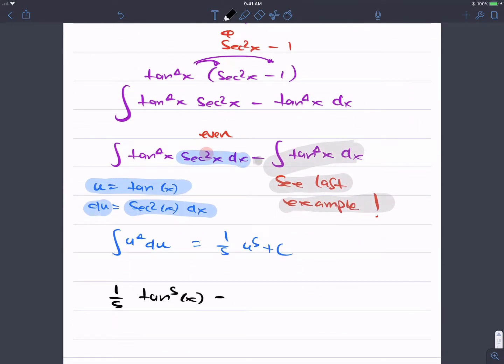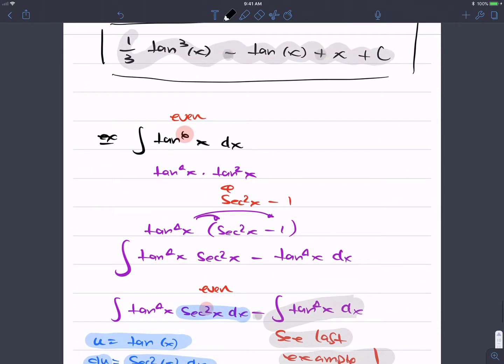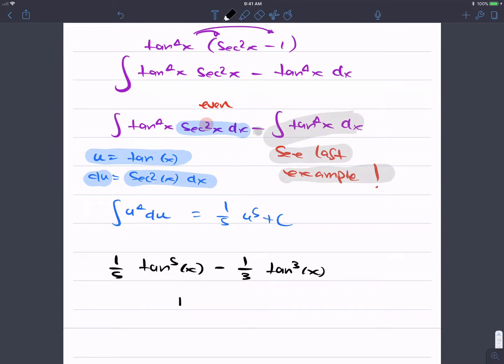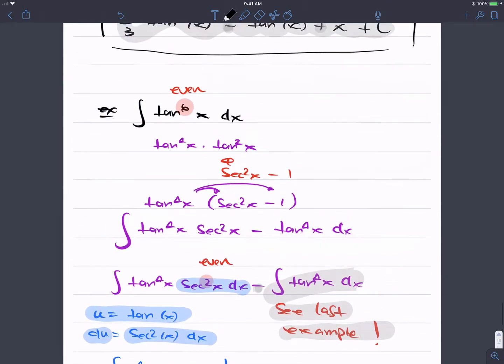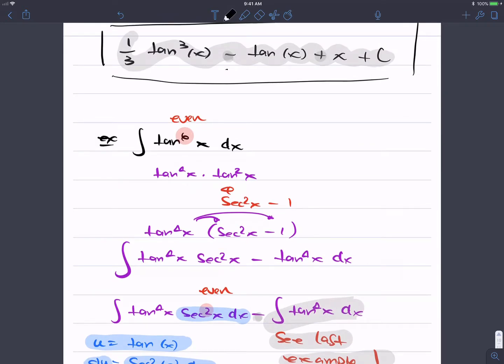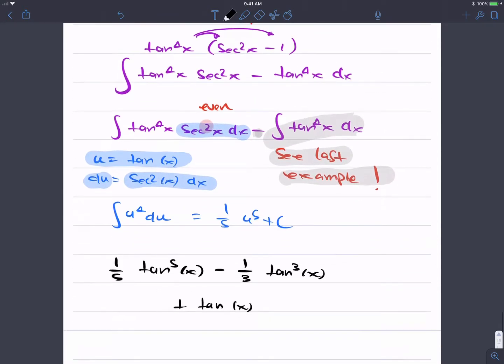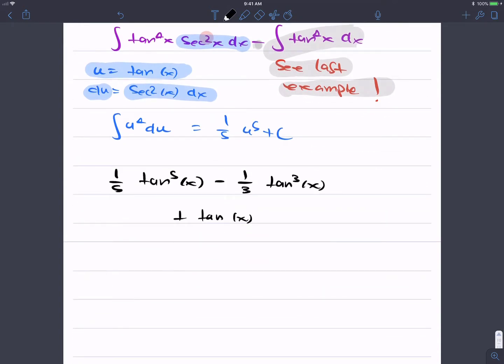Minus 1/3 tangent cubed. Plus tangent. Change the sign. So it's minus, it's now plus. Now plus, that's minus x plus my constant c.